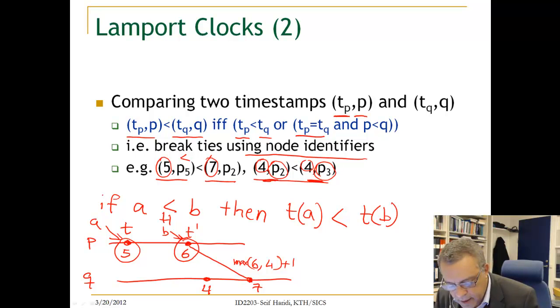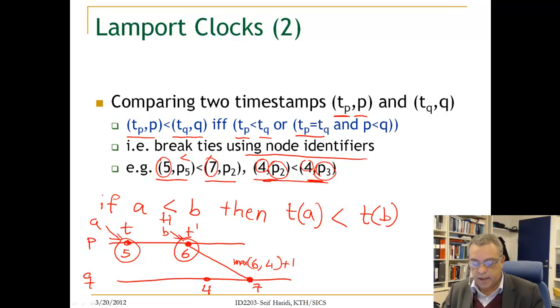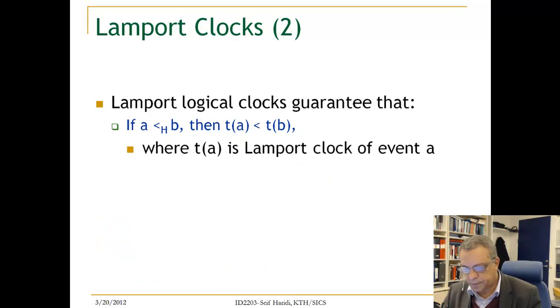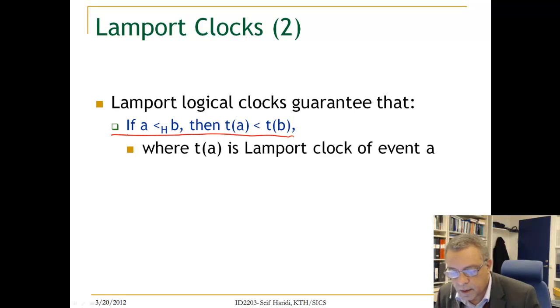So this was a reception of a message sent by process P, and the timestamp associated with this delivery is higher. So the timestamps associated with the events reflect the causality. This is the property I just mentioned: Lamport timestamps guarantee that if A happens before B, then the timestamp associated with A is less than the timestamp associated with B.